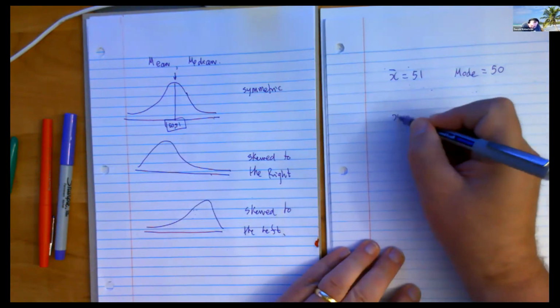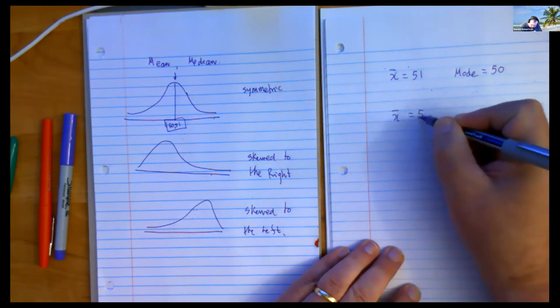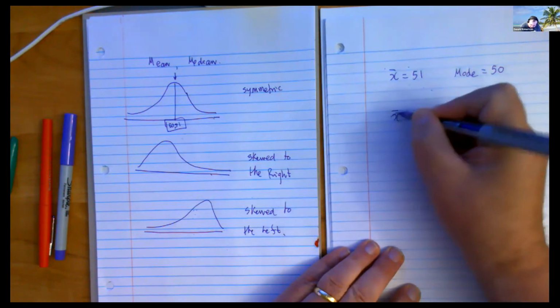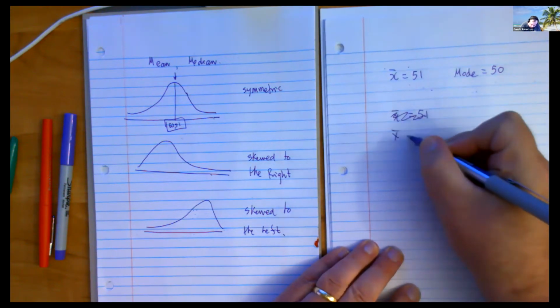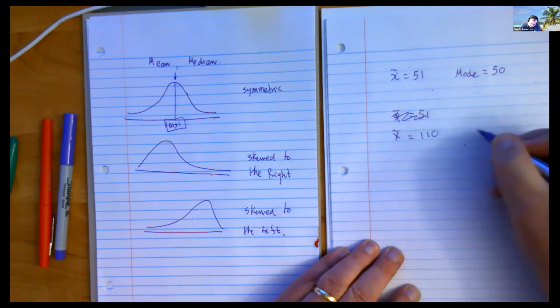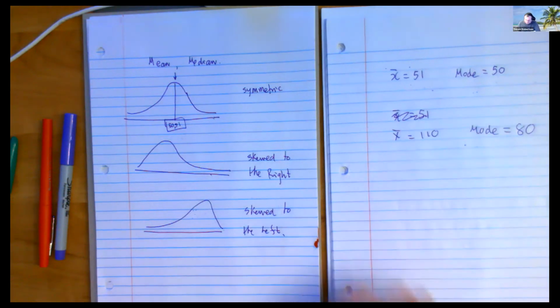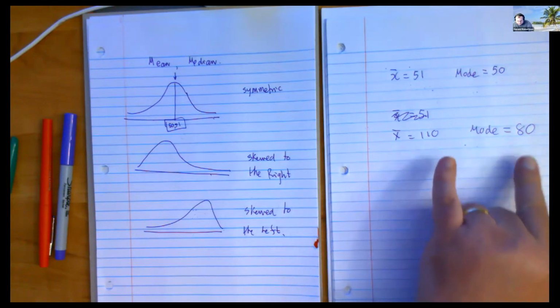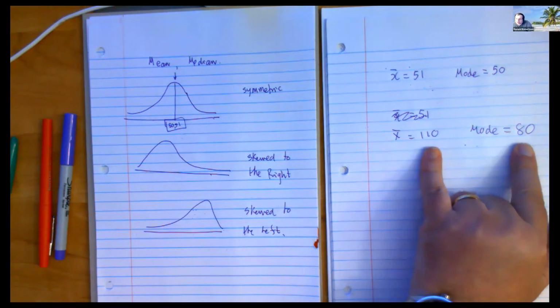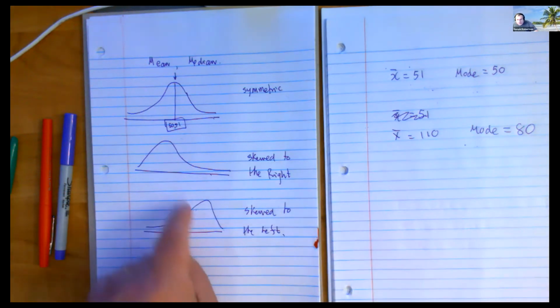Now, suppose the mean was 51. Oh, let's choose two different numbers. Suppose the mean was 110 and the mode was 80. Significantly different now, right? That generates one of these two typically.